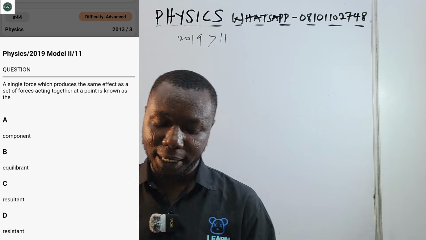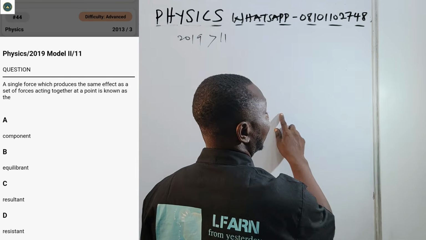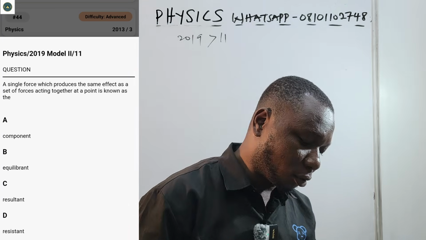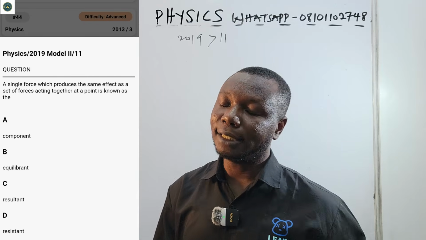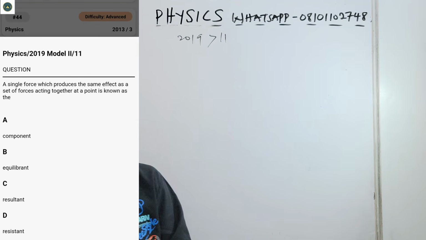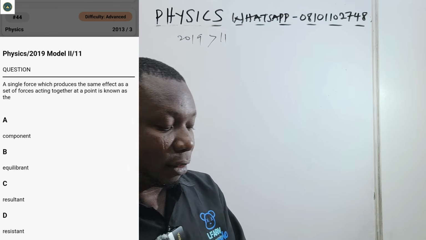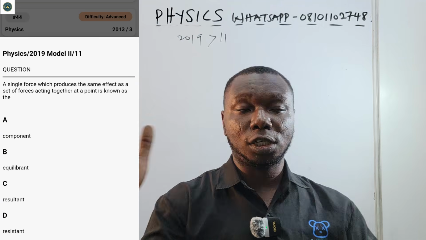Yes, I've explained it, where I used 3 persons and a single man that has a force of 14 Newton. So A says component, B equilibrant, C resultant, D resistance. So what's the answer? Okay, the answer is C, which is resultant. Resultant is a single force which produces the same effect as a set of forces.